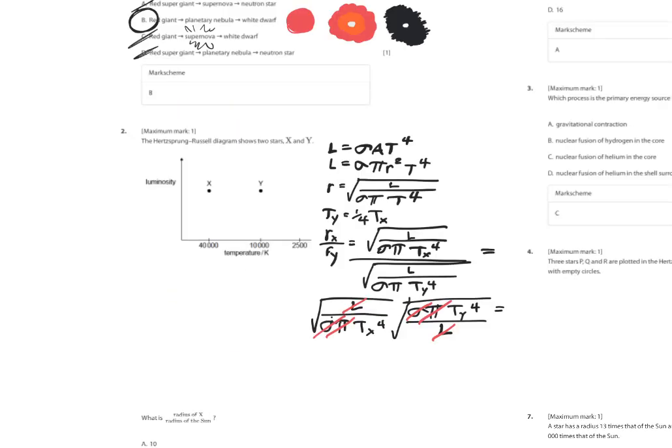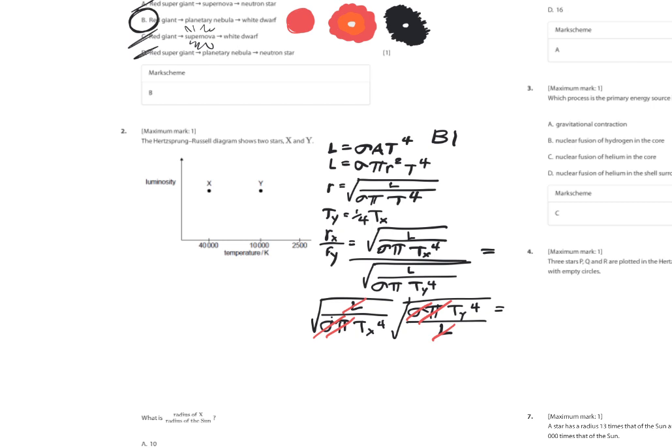So number 2 uses the luminosity equation from B1, but it is related to stars. Luminosity is the Stefan-Boltzmann constant times the area times the 4th power of temperature, and the chart has luminosity versus temperature. Now, it's asking about the ratio of radii, so we have to use the area and put pi r squared in for the area.